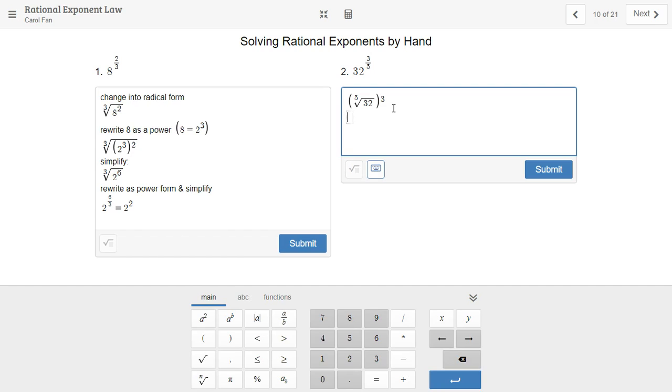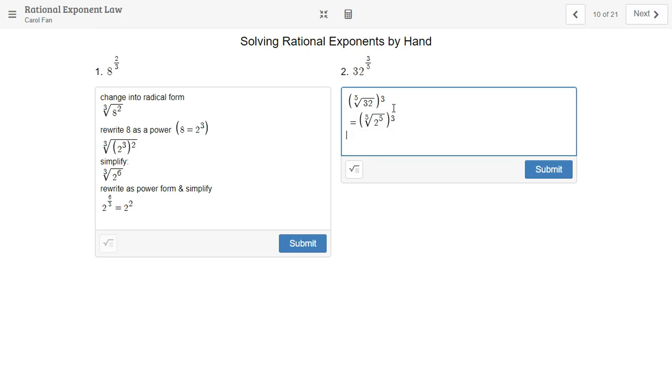So I have 32 is equal to 2 to the power of 5, and all of that is raised to the power of 3. Now take a look here.